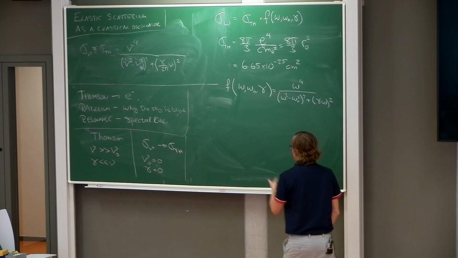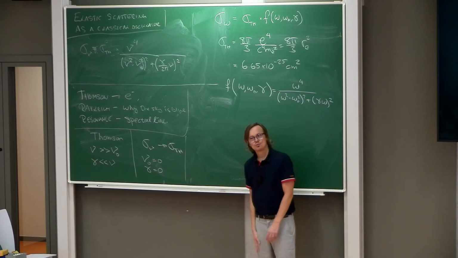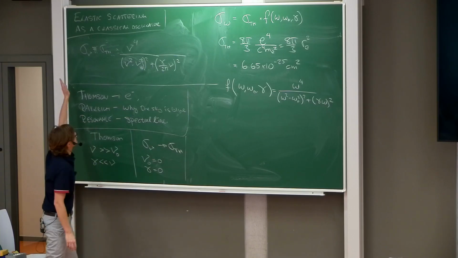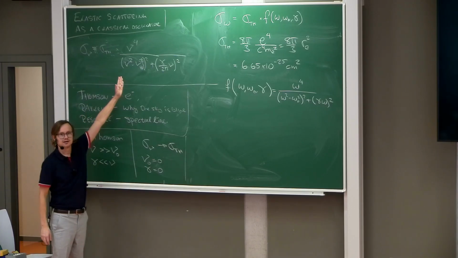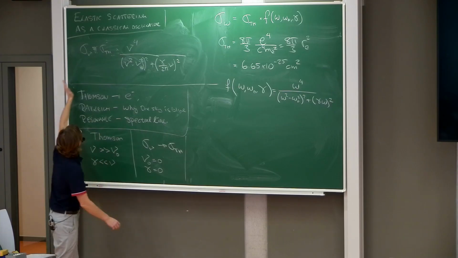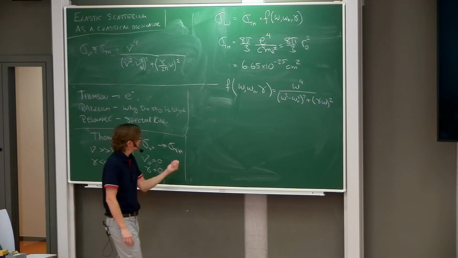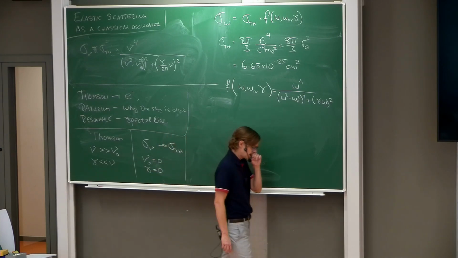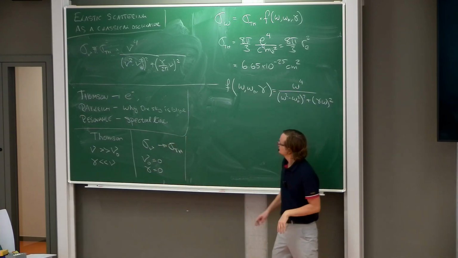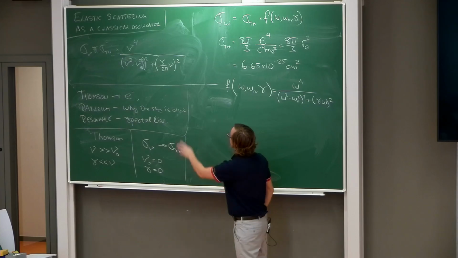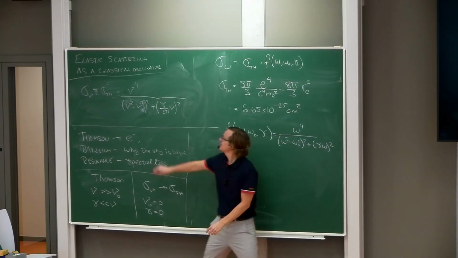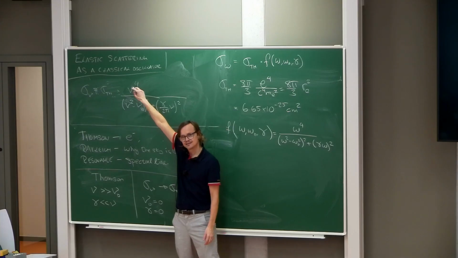One more thing about Thomson scattering, and that is that when the incoming frequency is very high, that is, the energy of the incoming photon is very high, we're going to have to modify this result. Because then we cannot assume, like the title of today's lecture says, that scattering is elastic.